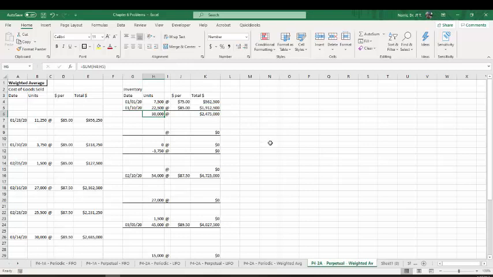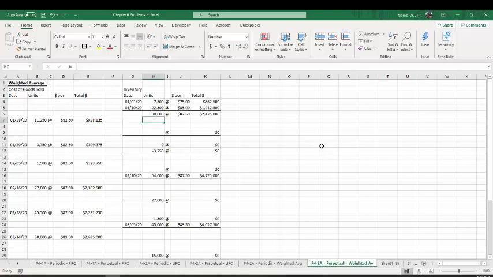That is a total of 30,000 units at a total cost of $2,475,000. So once again, dividing the total cost by the total number of units, we get an average of $82.50. So when we make the sale on January the 28th, it is going to be for an average unit cost of $82.50.